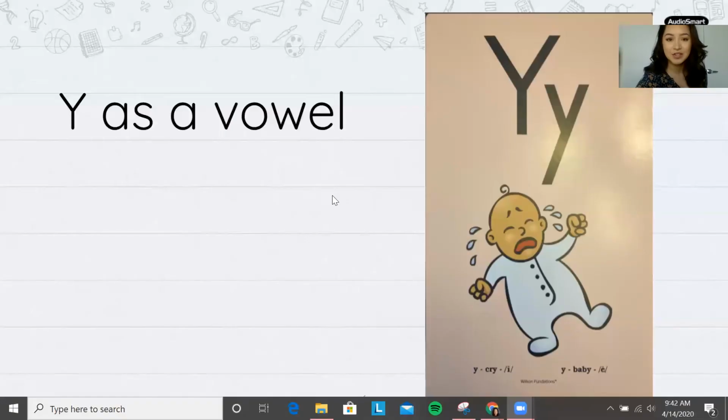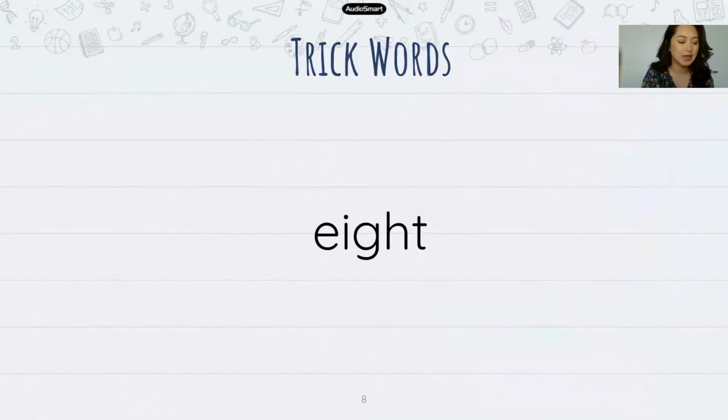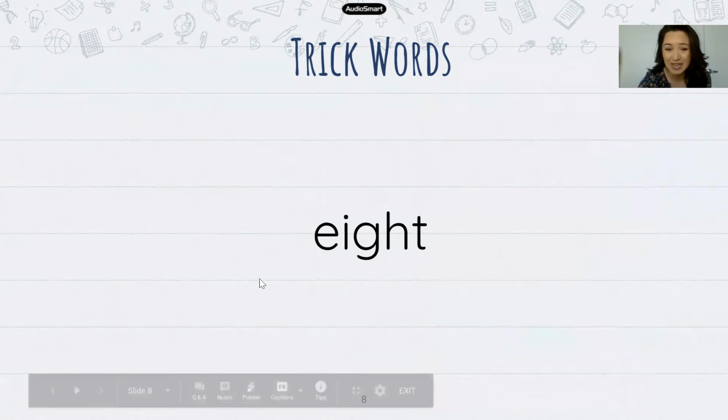All right, I'm going to go back to our handy dandy presentation and continue with trick words. My first trick word is up here. Say it out loud in 3, 2, 1. Eight. Good. My first trick word is eight. This word is tricky because there are multiple letters in this word that don't make the sound that they should be making.